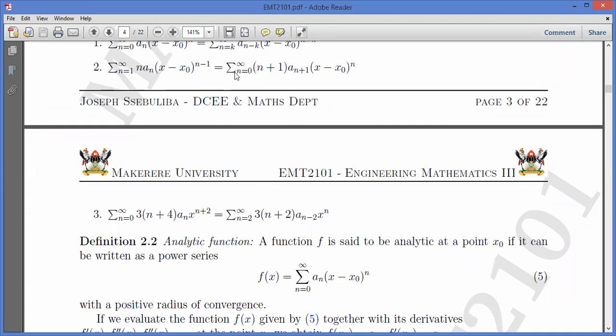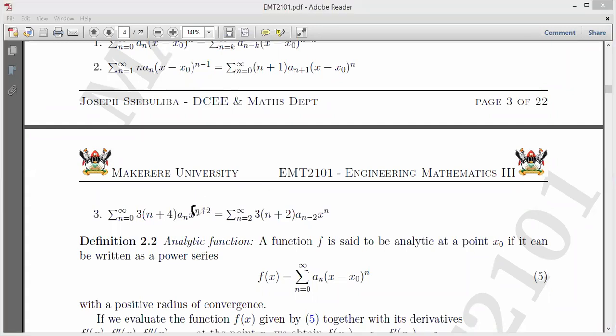It is n plus 2, but this is not what we have in the definition. In our definition, we have to the power n. Of course, here it means x naught is 0. So what is the target? The target is to simplify it to something of that form.